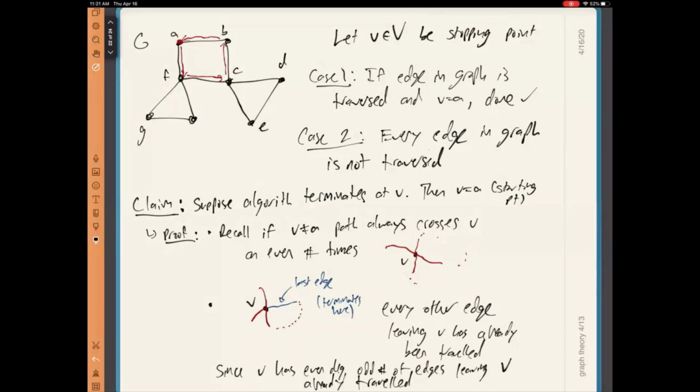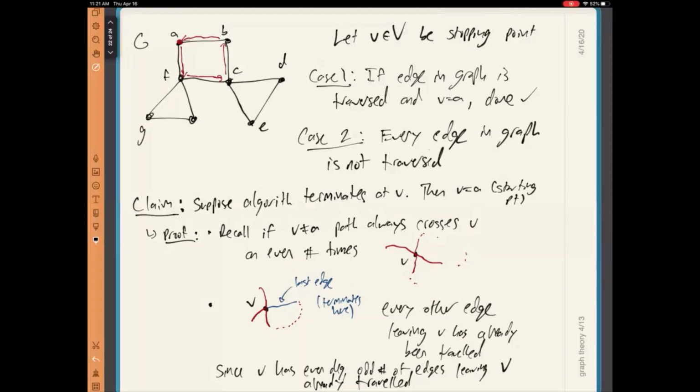But that can't happen unless V is the starting point, just because of the previous bullet point. If V is not the starting point, then there's always an even number of edges that pass through V when the path travels through V. And so the only way this can terminate with V having even degree is if V was also the starting point. And so that's the proof that V has to equal A.